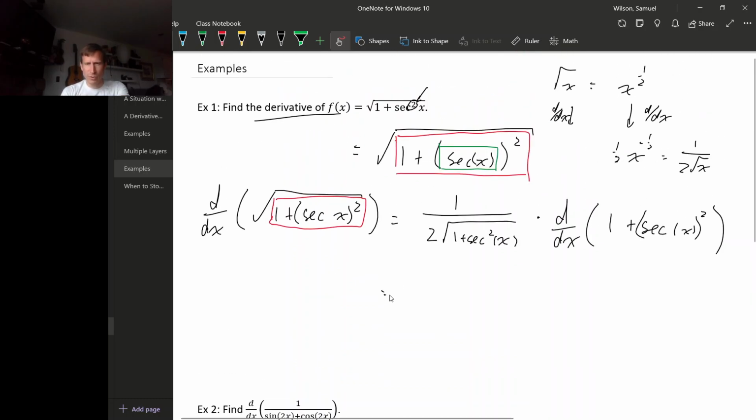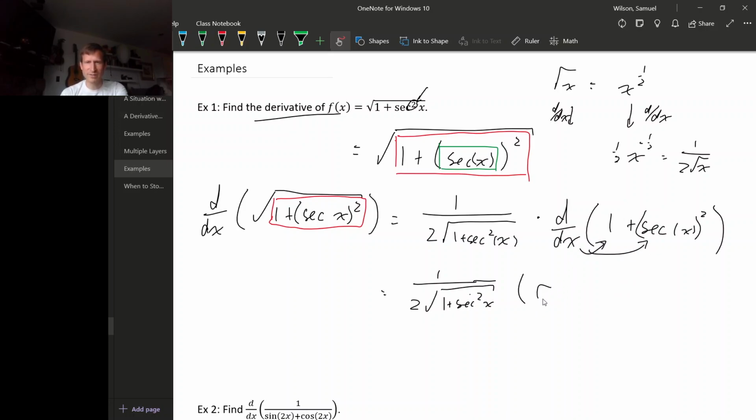Okay, so 1 over 2 square root 1 plus secant squared x, times, now we have to just differentiate each piece here.